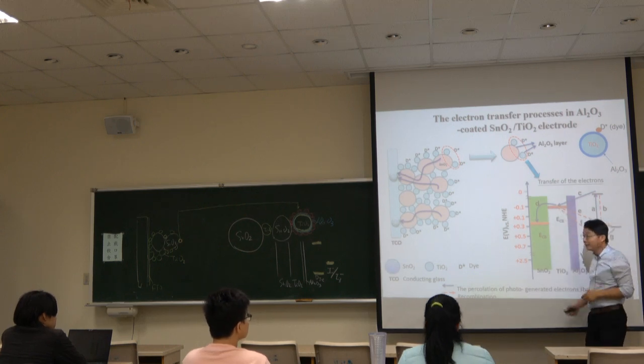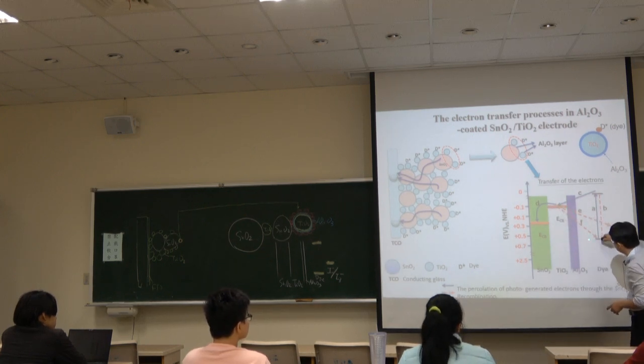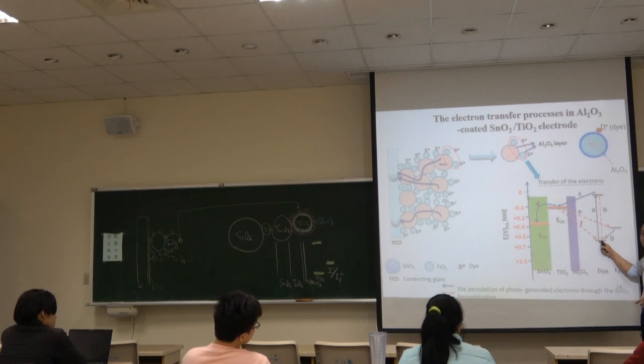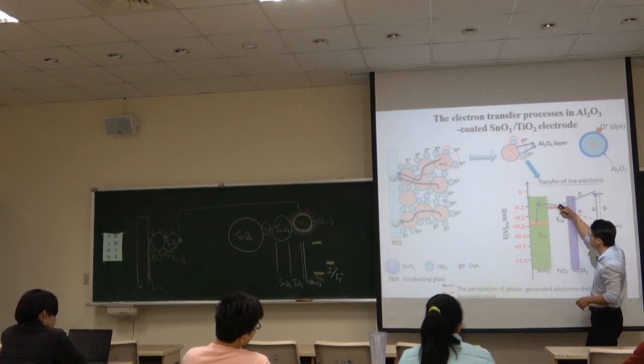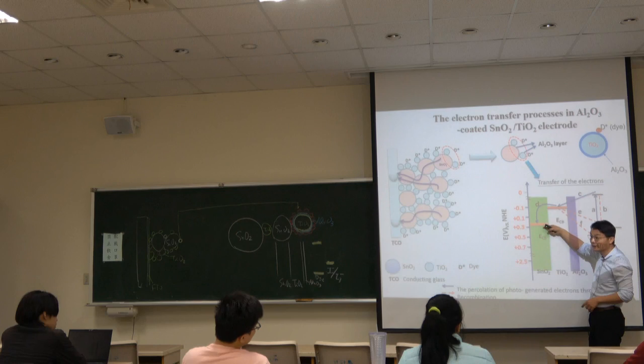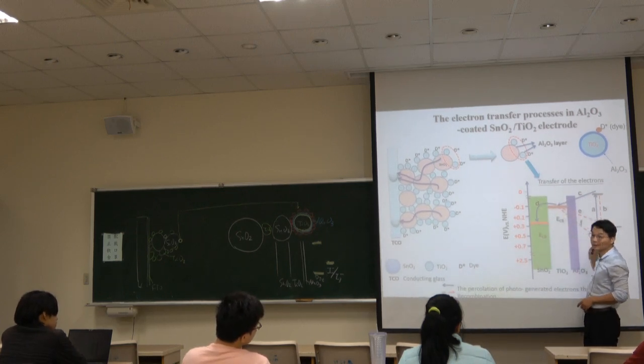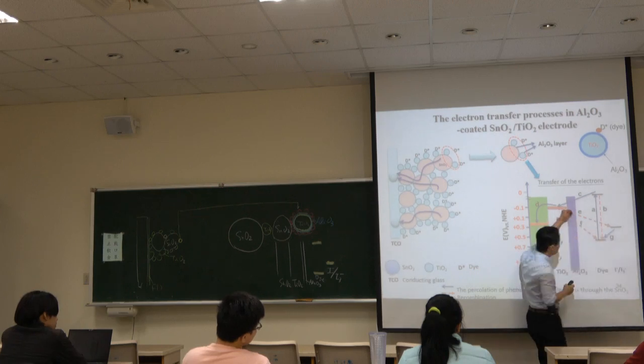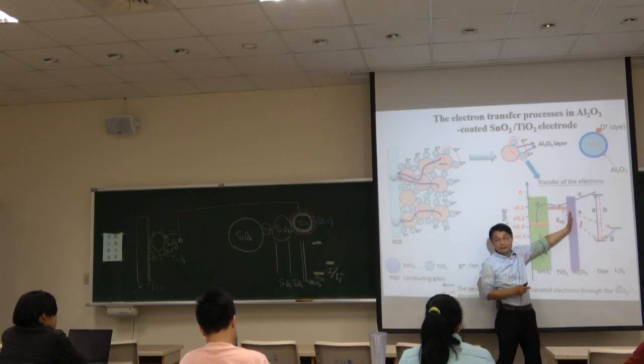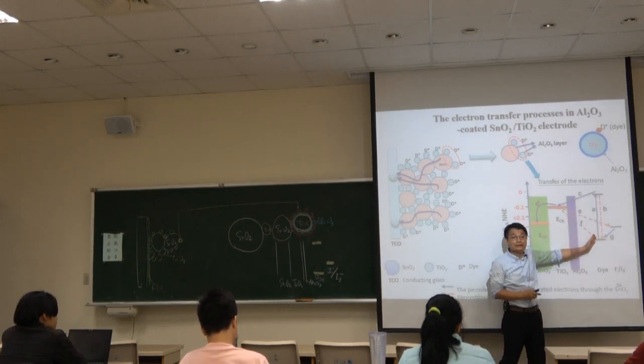And then you may ask me, of course, they will be recombined to this state as well. But the problem is that here has a high conductivity, right? So electron prefer to transfer to here, not to here, right? Because they still have some impedance to transfer back, right?